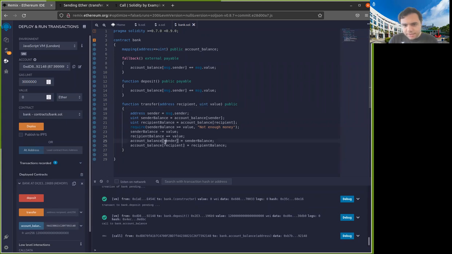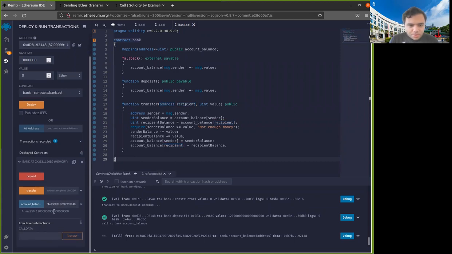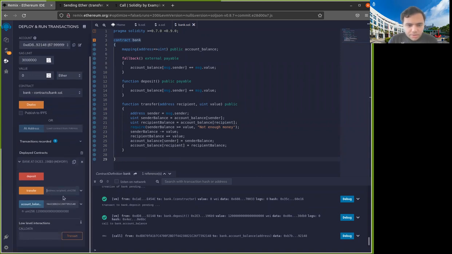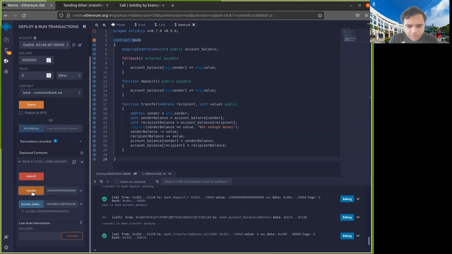But what happens if the sender and the recipient are the same? So suppose that using this account, I say that I want to transfer to myself and I want to transfer all the money that I have. Okay. So I call transfer.